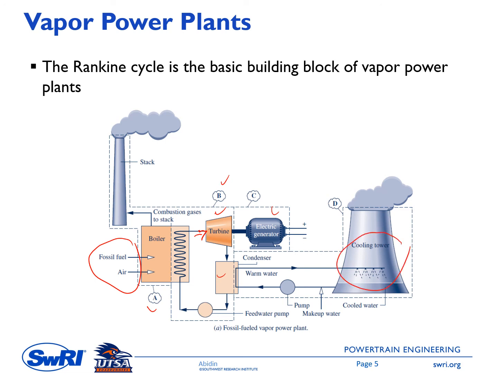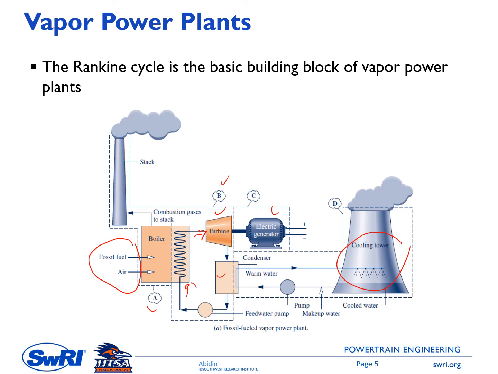Exiting the condenser, the working fluid phase is usually either saturated liquid or compressed liquid, and it will be pumped to high pressure, similar or slightly higher than the boiler pressure, and the working fluid will go into the next cycle.